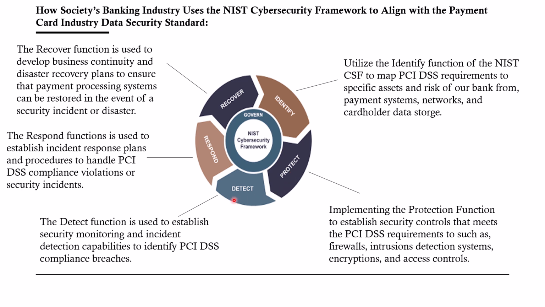The detect function is used to establish security monitoring and incident detection capabilities to identify PCI DSS compliance breaches. The respond function is used to establish incident response plans and procedures for handling PCI DSS compliance violations or security incidents.